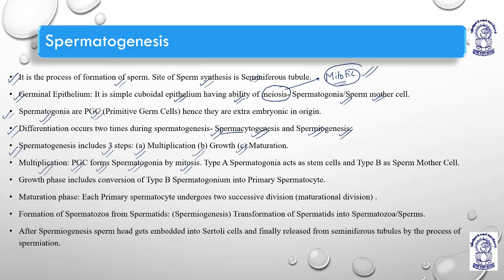Now these spermatogonia are of two types, type A and type B. Type A acts as stem cells, because type A needs to be converted into other forms of cells.